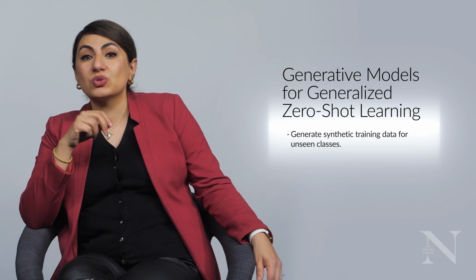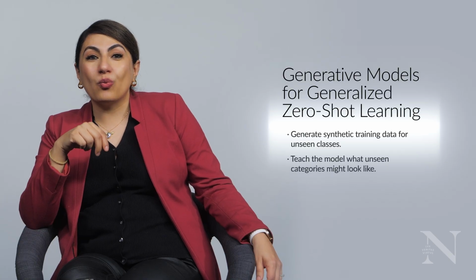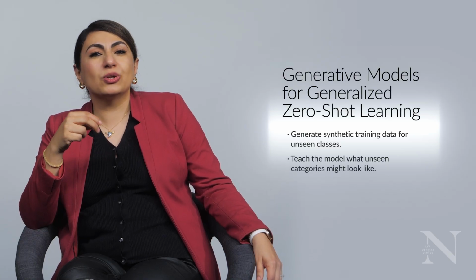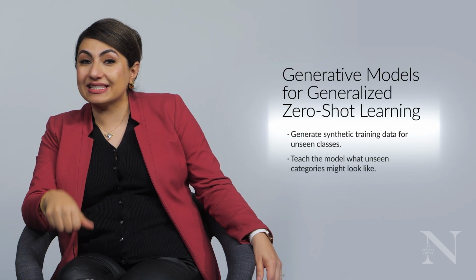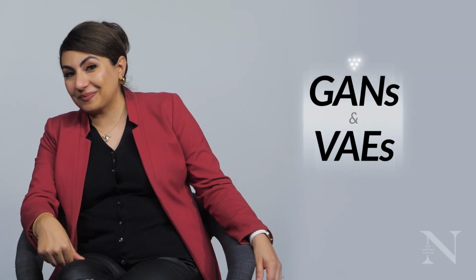Instead of relying solely on attribute-based reasoning, we can teach the model what unseen categories might look like by generating realistic examples. This is where generative adversarial networks, GANs, and variational autoencoders, VAEs, come in. These models synthesize new training samples, helping the AI develop a better understanding of unseen categories.